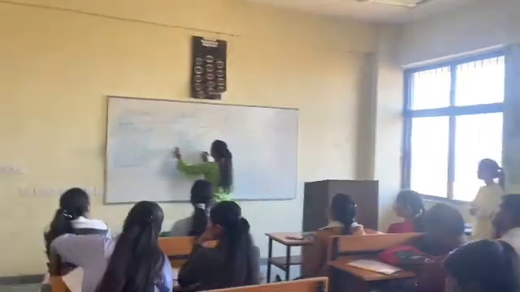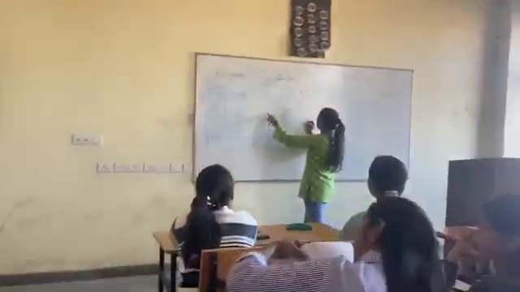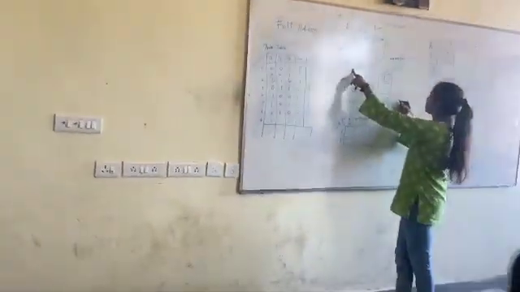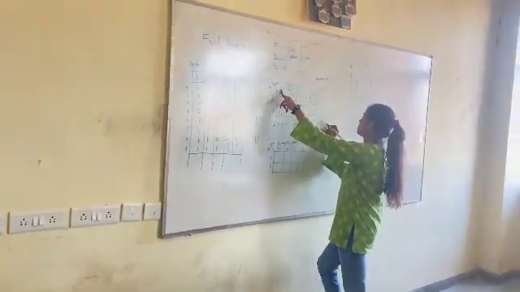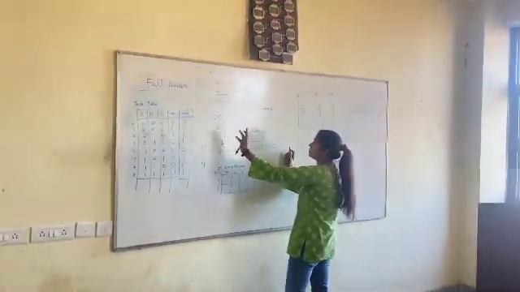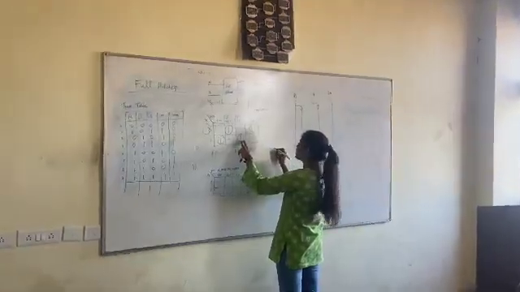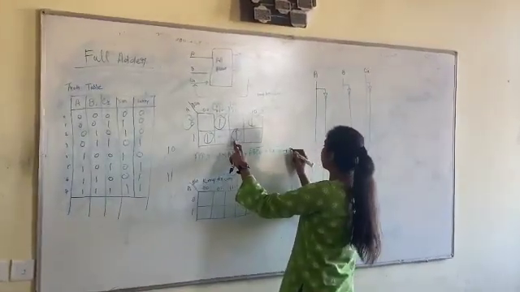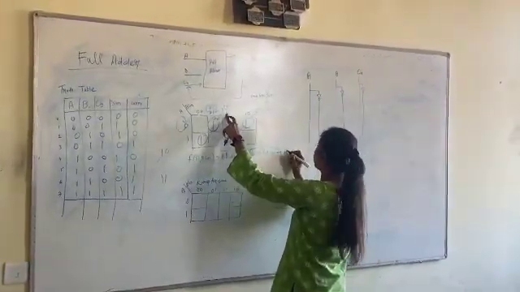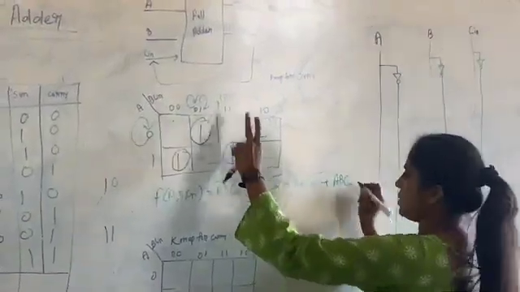Again for this 1 to 1 is A, 0 to 0 is B bar and 0 to 0 is C in bar. Then again for this 1 to 1 A, 1 to 1 B and 1 to 1 C in.